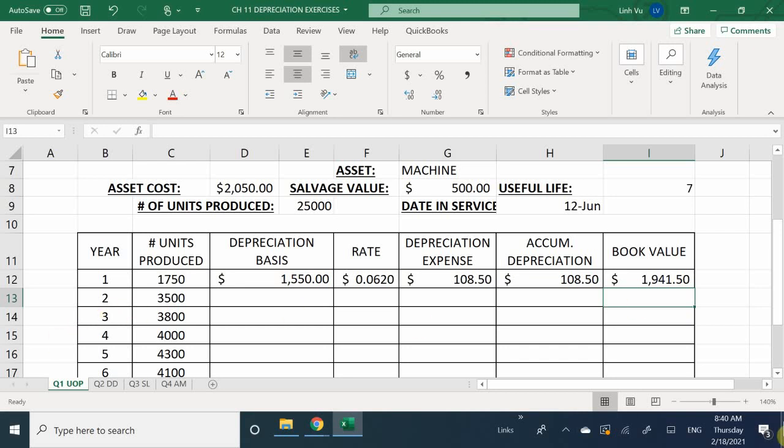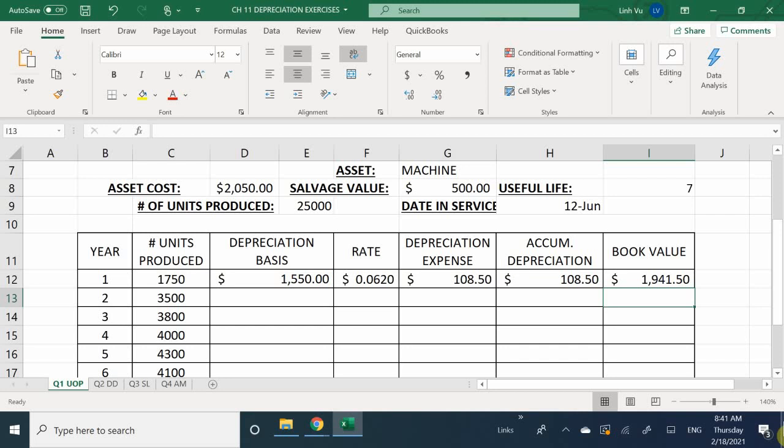So that's for the first year of depreciation. However, how old is our asset right now? Like 7 months. Right. We have to count June, July, August, September, October, November, and December. It is 7 months old.